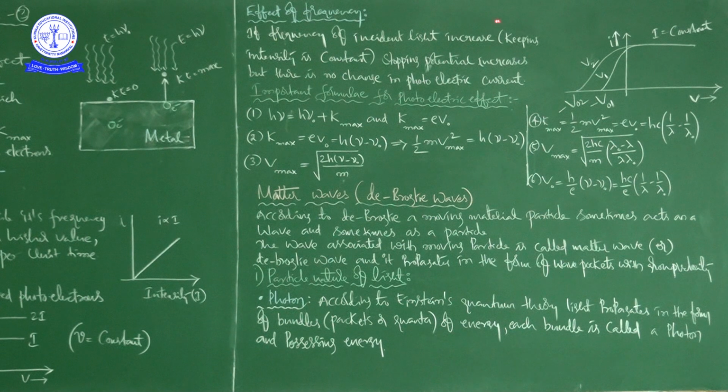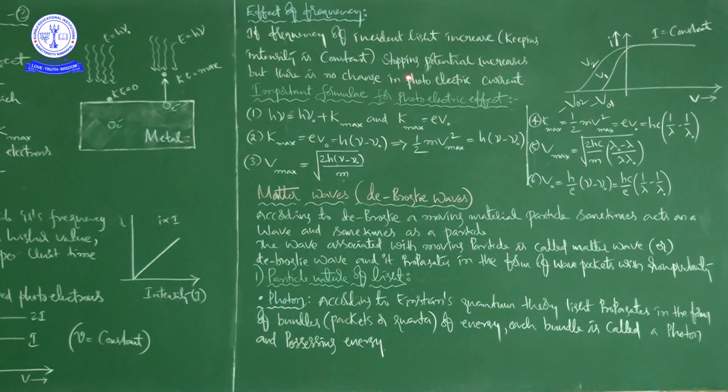And whatever discussion we had till now, we have some important formulas for the photoelectric effect. See this: h nu is equal to h nu naught plus K maximum. That is the energy of the incident radiation, that is the work function, and that is the maximum kinetic energy.